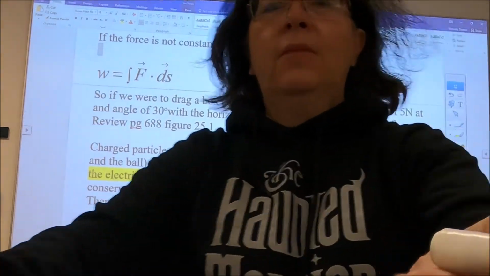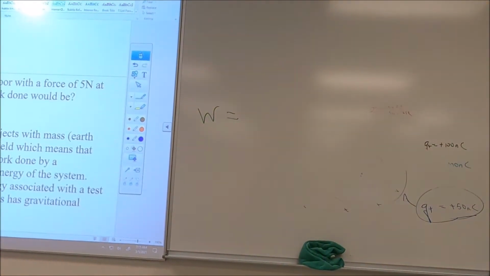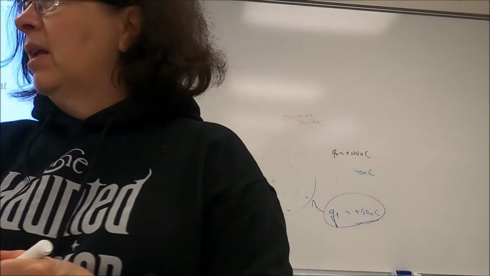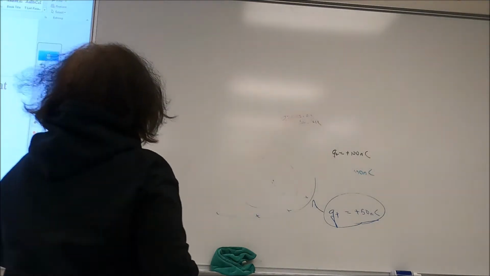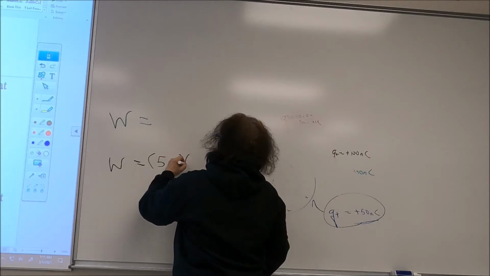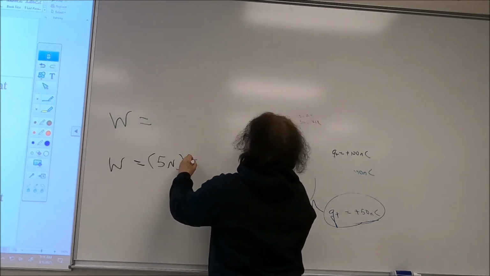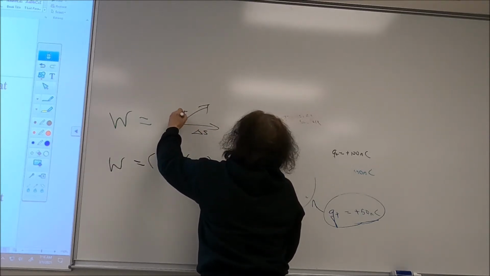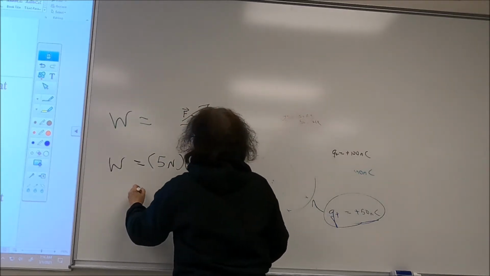Work would be the force, a 5 Newton force, times the distance, 5 meters, and the force and the delta S have an angle of 30 degrees between them, so it'd be cosine of 30.